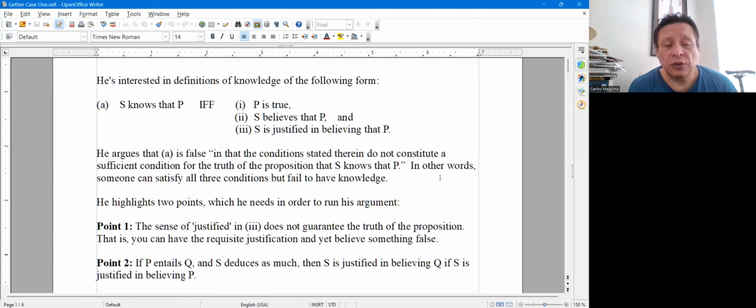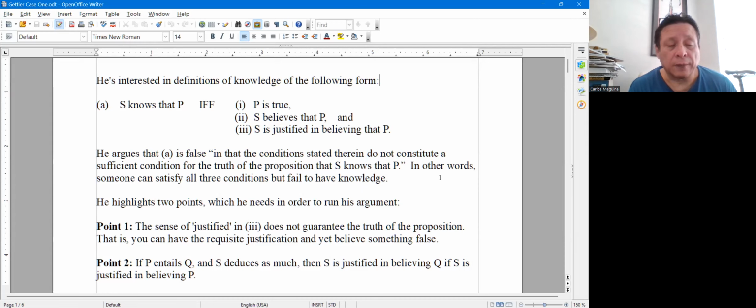In other words, you can have the requisite justification, yet believe something false. So truth is not entailed by having satisfied the justification requirement, which does not mean that you also have a true belief. Okay.